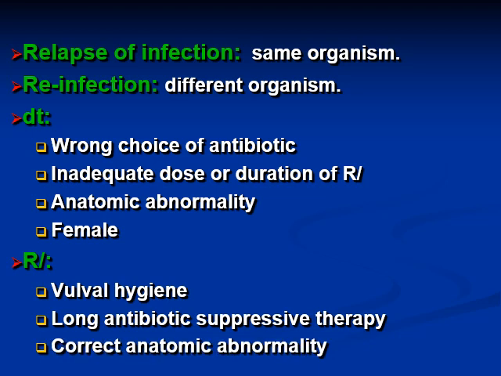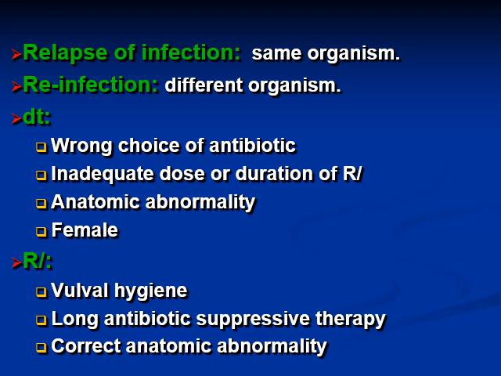A relapse of a urinary tract infection is a symptomatic recurrent urinary tract infection with the same organism following therapy. Reinfection is a symptomatic recurrent urinary tract infection with a different organism following therapy.